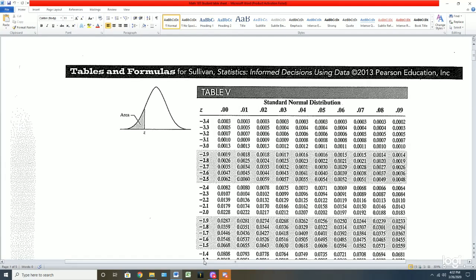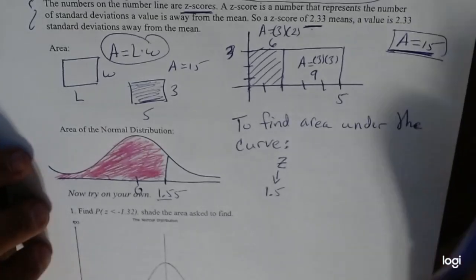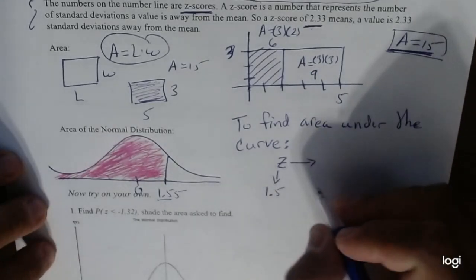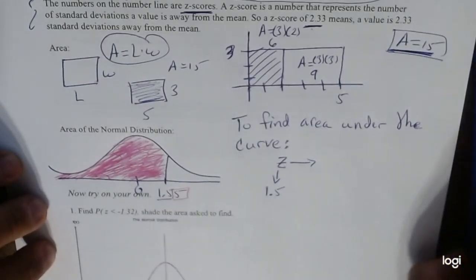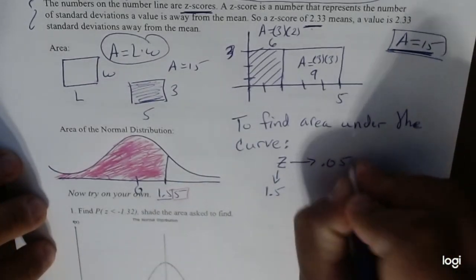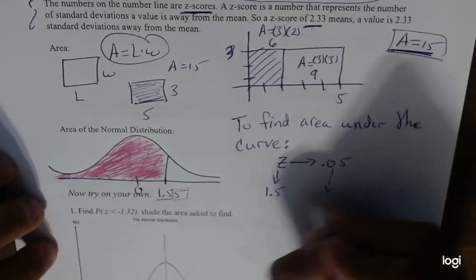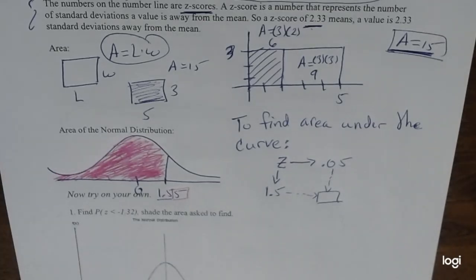There we go. Get a little bit bigger for you. Now when you go to this side, the numbers across from the z, you go to the very last number, which is a 5. So you go to 0.05 across the top. Now you see where those 2 numbers intersect, and that's going to be our area underneath the curve.